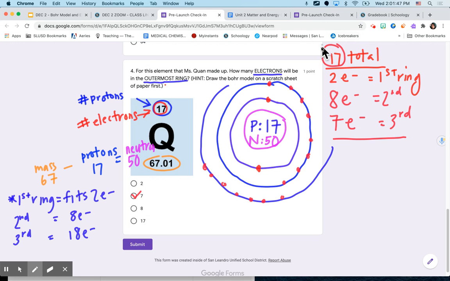But I need to draw a total of 17 electrons, as noted by the top number here. So since I only drew 10 in total in the first and second ring added together, the 7 electrons I have left to draw will all go in the last ring, because in the third ring, I can fit 18. Right?